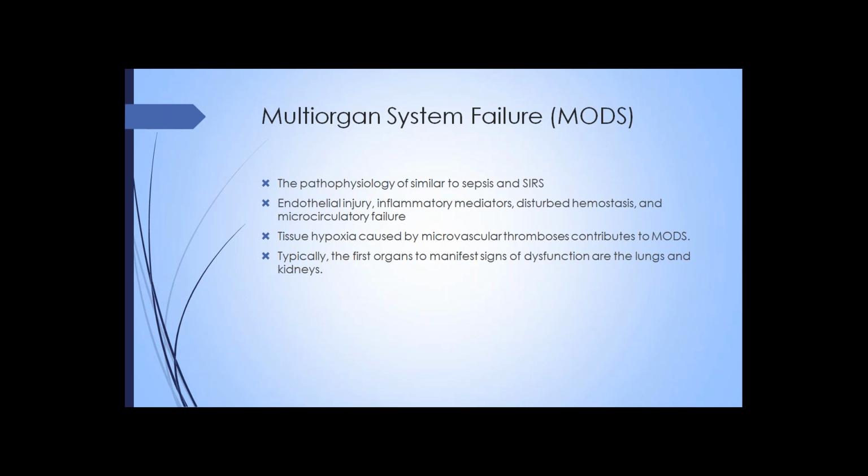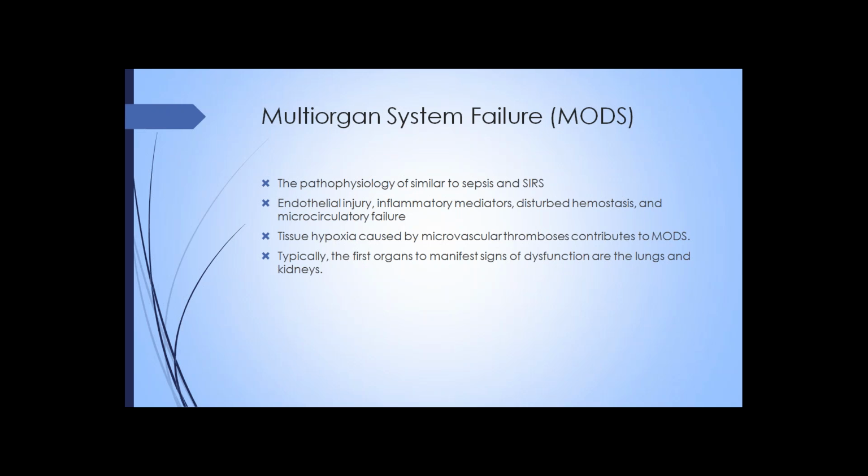And so that actually contributes to multi-organ system failure, multi-organ system dysfunction. Okay, you can see multi-organ system failure, or you will see this as multi-organ dysfunction syndrome. Either way, you have more than one system that is failing or not working right, okay?